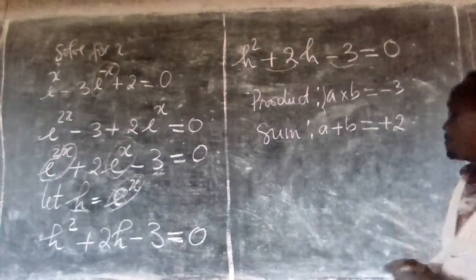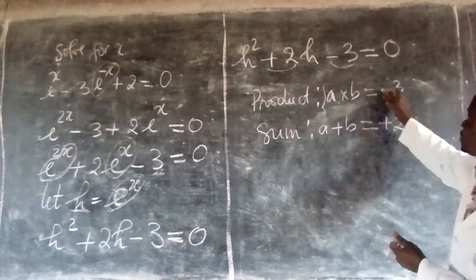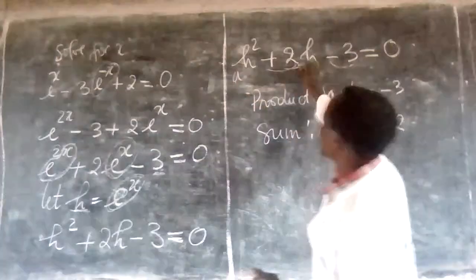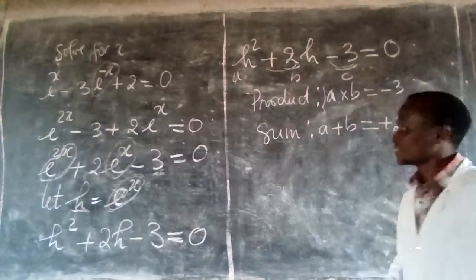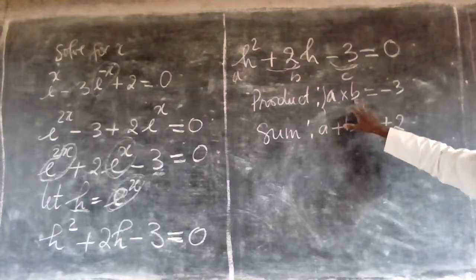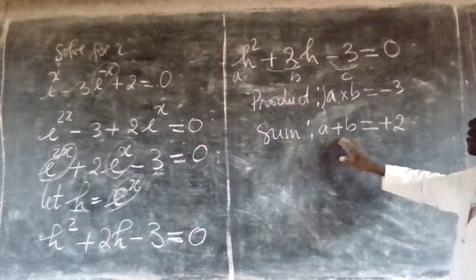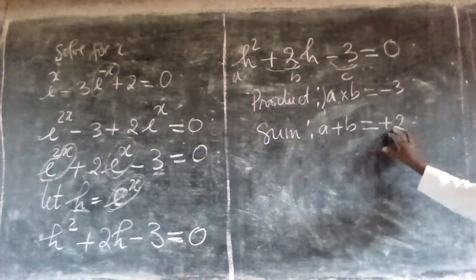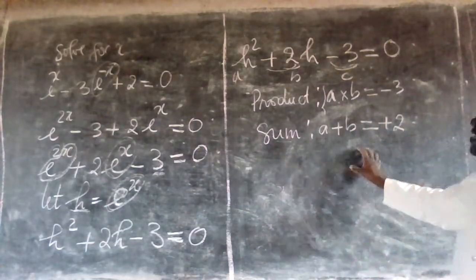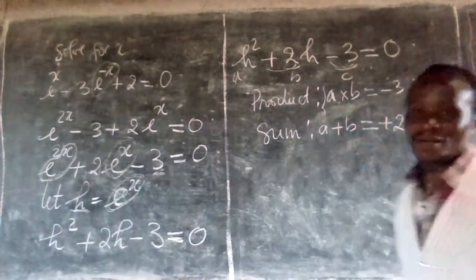We are going to find two numbers, and when you multiply those two numbers, it will be equal to this C, because here we have A, here we have B, and here it is C. Now, A times B, any number that you take, is equal to minus 3, and A plus B, their sum, is equal to plus 2. What are those two numbers? Those numbers should be factors of our quadratic equation. Now I'm asking you, what are those two numbers?